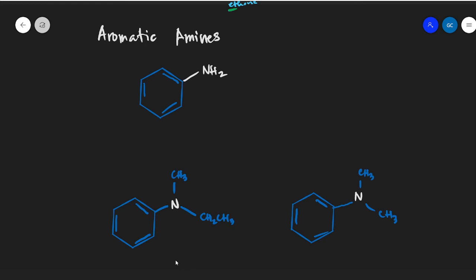For the nomenclature of aromatic amines, the simplest form of our aromatic amine is this compound. There is actually no distinction regarding the common name of these aromatic amines, because it becomes confusing when we give common names. But in any case, for the IUPAC name of this simplest amine, this is what we call aniline.